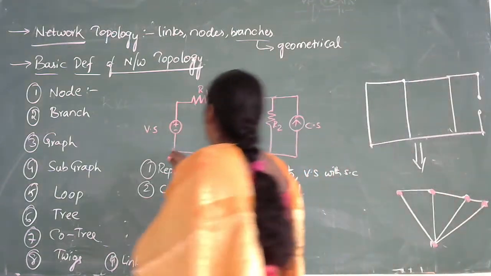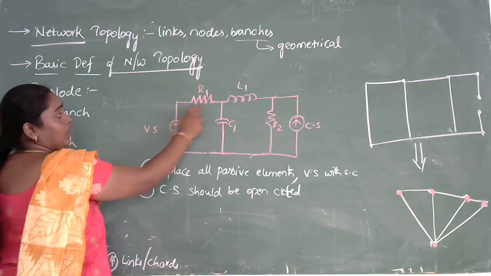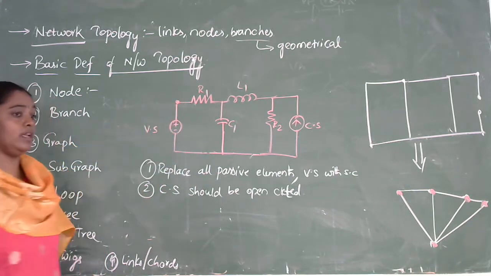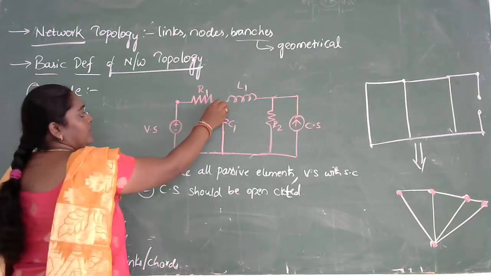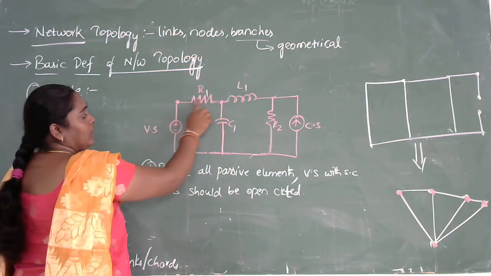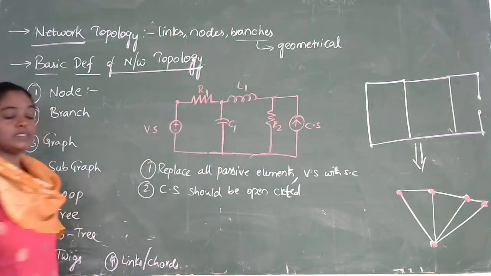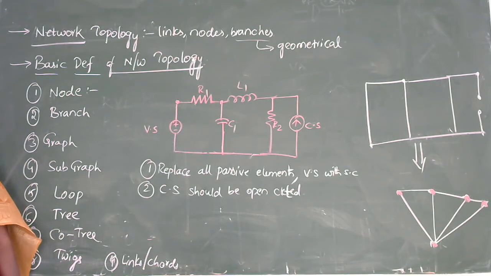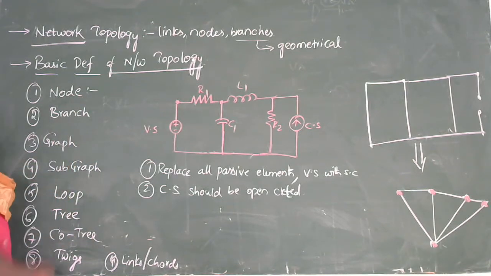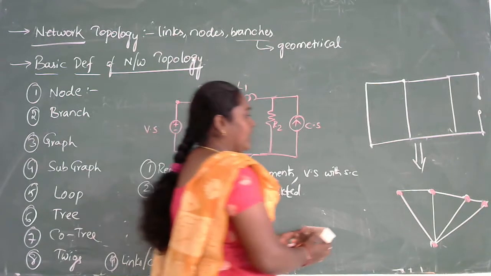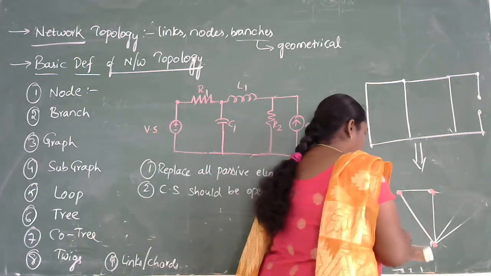From this figure, I can say that this circuit consists of four nodes.